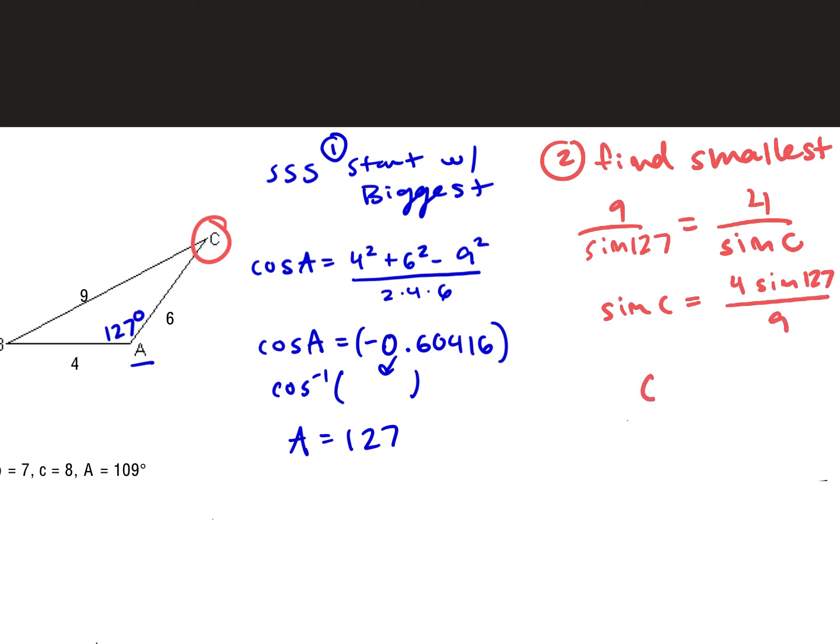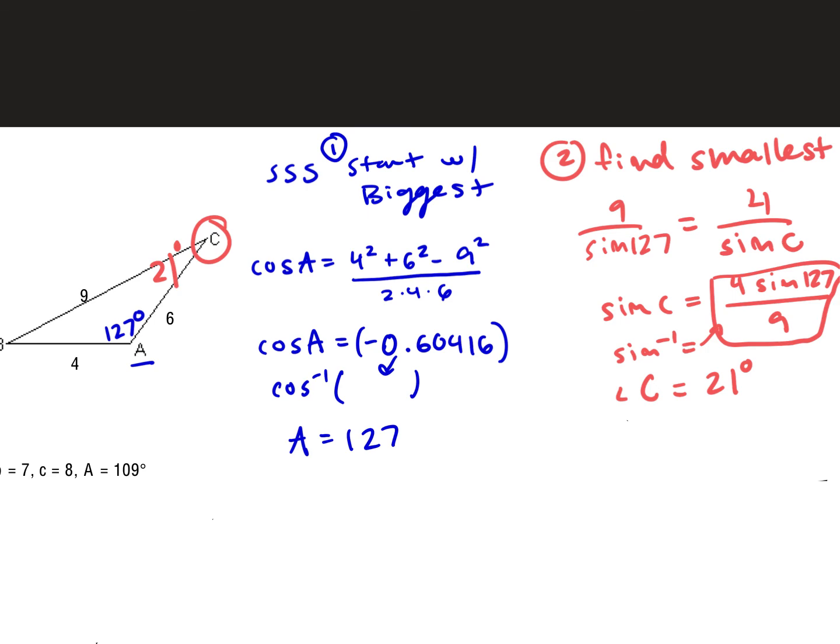So what do I get for angle C? 21 degrees. Because we put this into our calculator, and then just like before, we have to do the inverse sine of whatever that is. And that gives us 21 degrees.